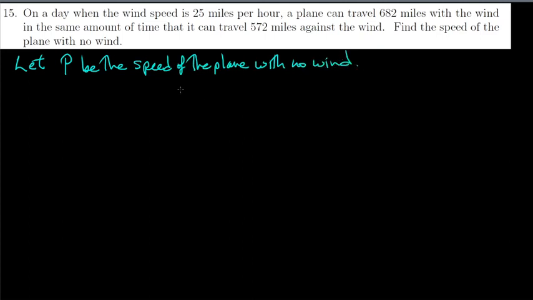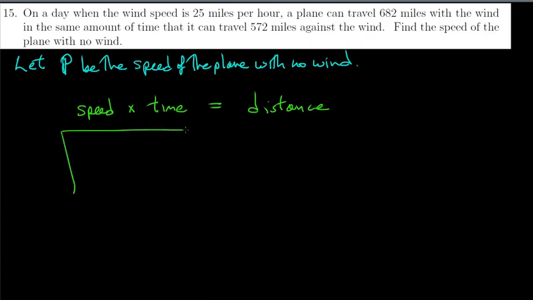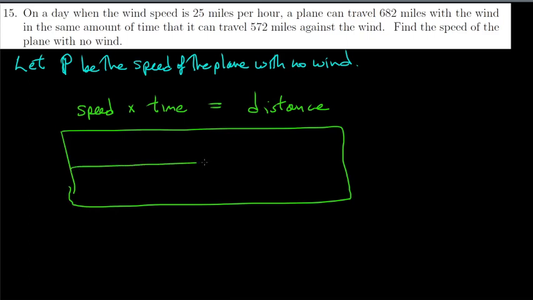If there were no wind, that would be the speed of the plane. We'll call it P. All right, so here, remember the equation is a little bit different, right? This is going to be speed times time equals distance. Right. So here's my little chart, little table, little matrix, if you will.